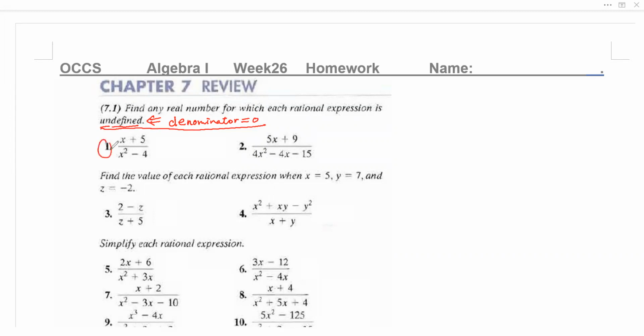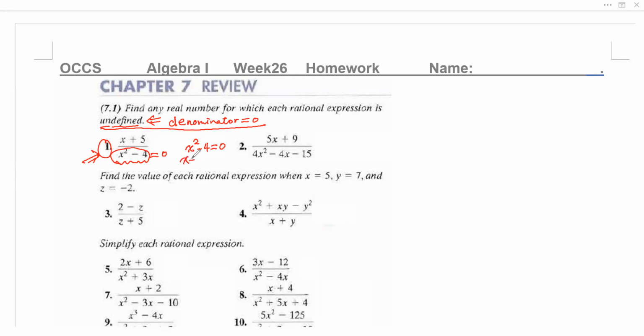See the first, number 1 here. When it is undefined, it means the denominator part becomes 0, right? So that's easy. We transfer this kind of question into finding the solution of this denominator.